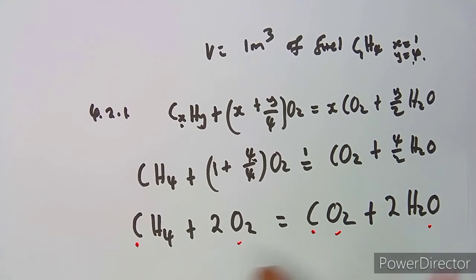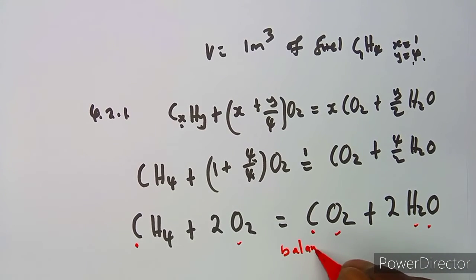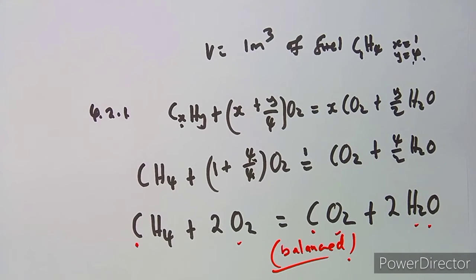There are 4 here. The hydrogen on the right is 2 times 2, so also 4. So this one is balanced, and there's nothing you're going to do, it's already balanced. The number of carbon on the left equals the number on the right, just like hydrogen and oxygen.